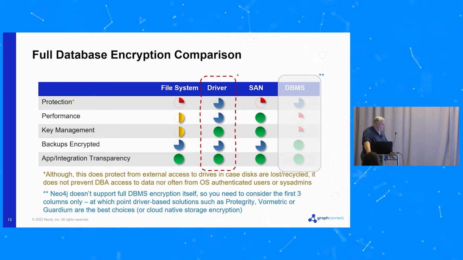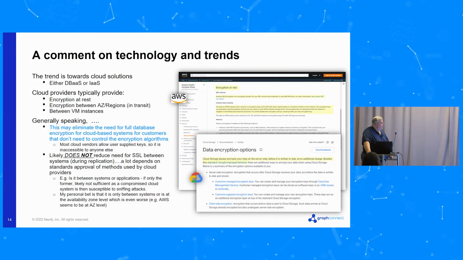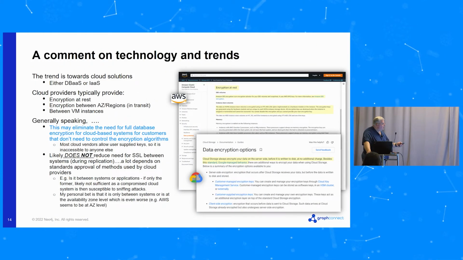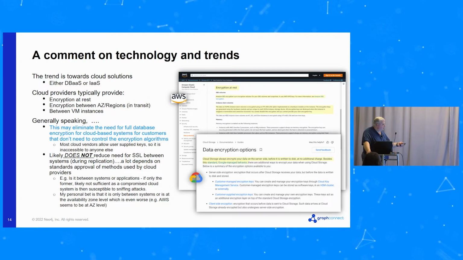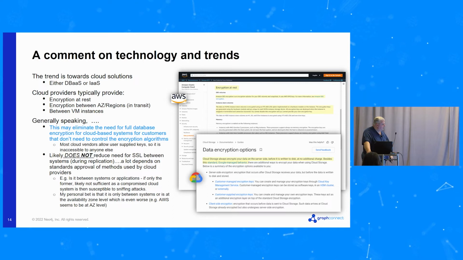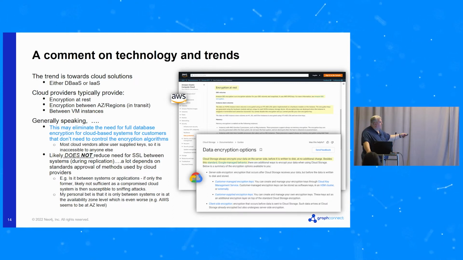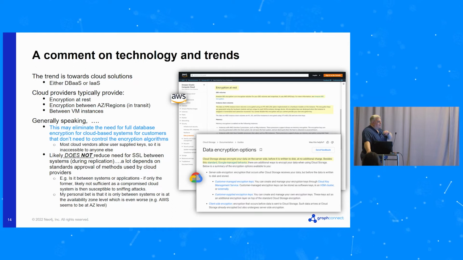All right, so proving the point. This is AWS, and if you read their documentation, it says we encrypt your data anyhow. This is Google. If you read it, it says we encrypt your data anyhow. I didn't have room on the screen for Azure. They do the same thing. Encryption at rest. They do encrypt the network traffic, but they're very coy.